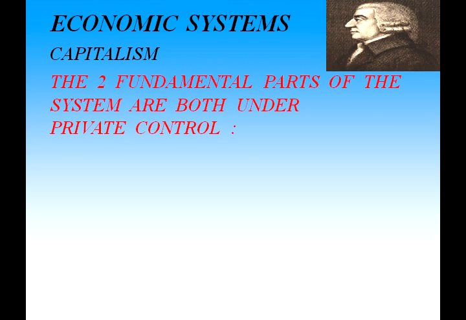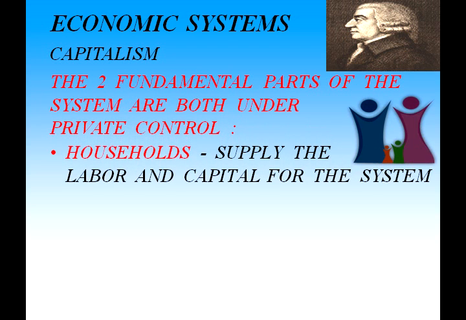In looking to examine the capitalist system a little closer, we find that it is made up of 2 fundamental parts that are both under private control, not government control. The first part to think about, or category, are the households. The households are what supply the labor and the capital, meaning the investments, for the system.